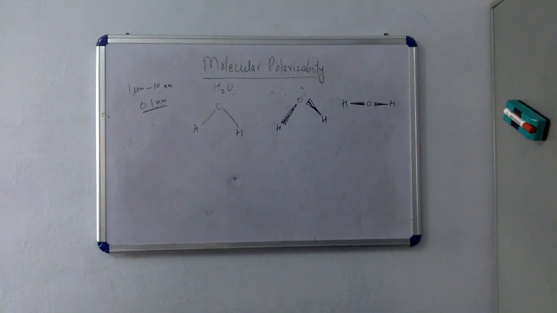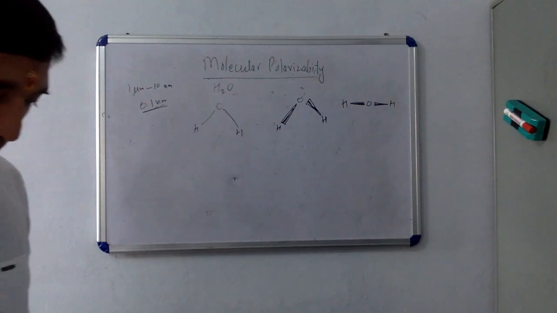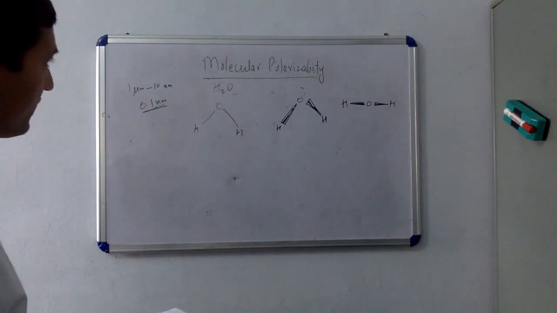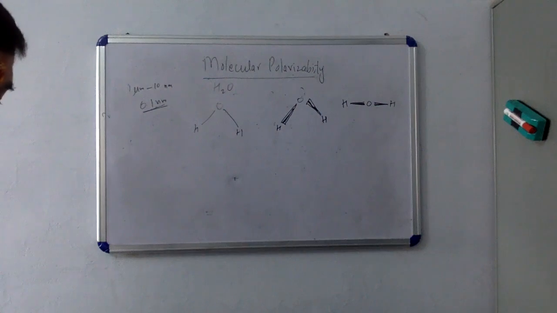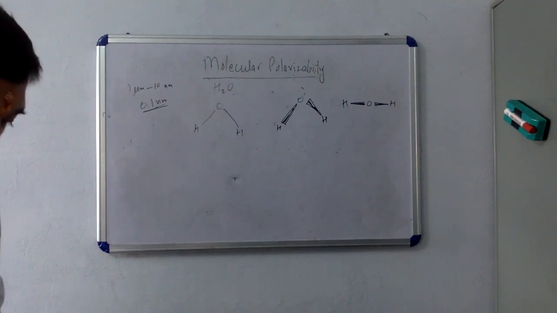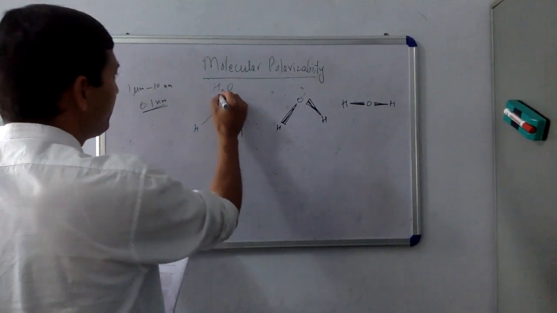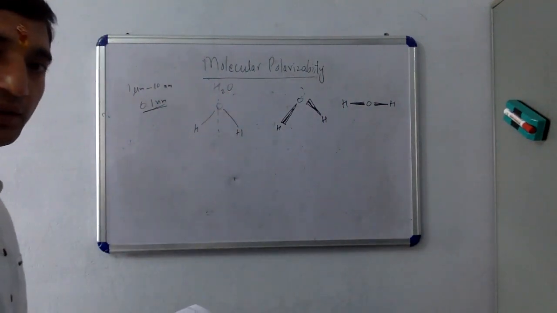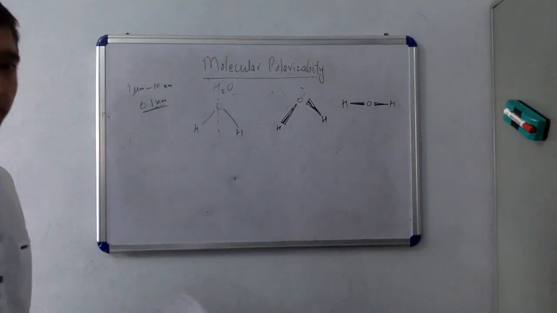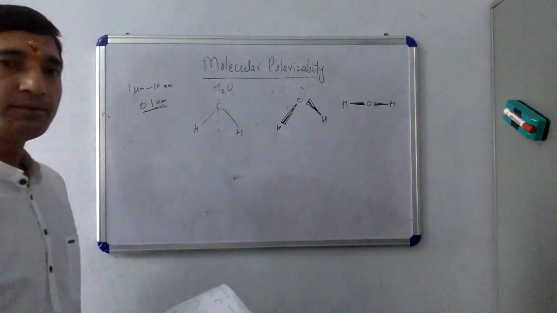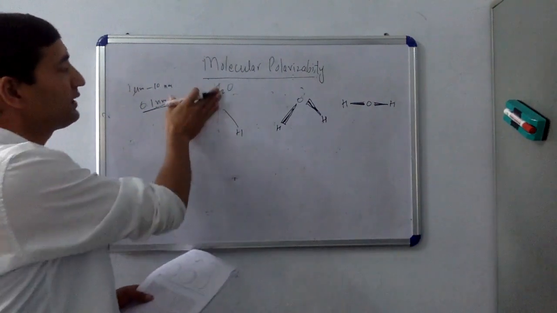So in the case of the H2O molecule, the polarizability is found to be different along all three major axes of the molecule: the line in the molecular plane bisecting the HOH angle, then perpendicular to this one, and then perpendicular to the plane of the molecule.